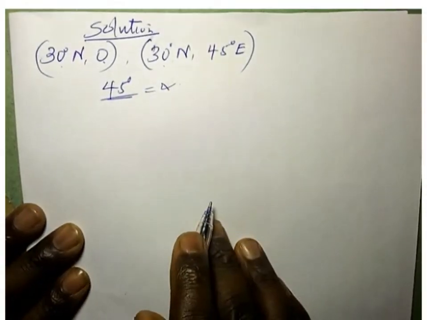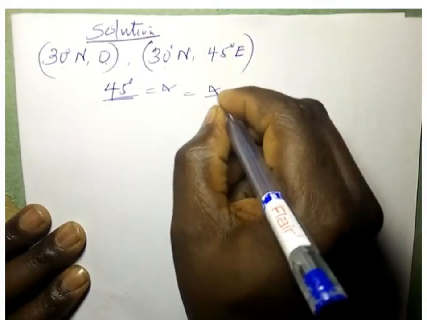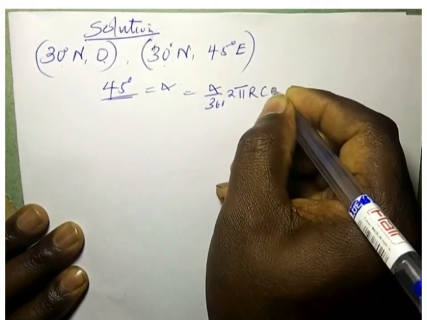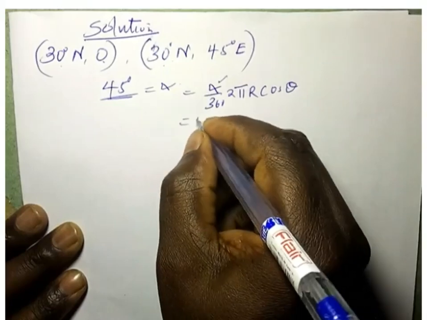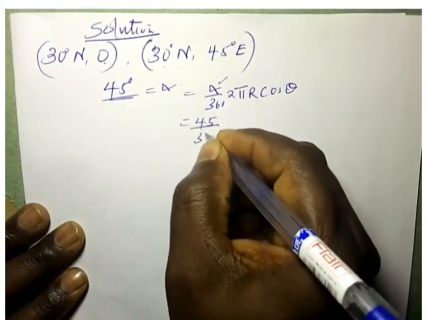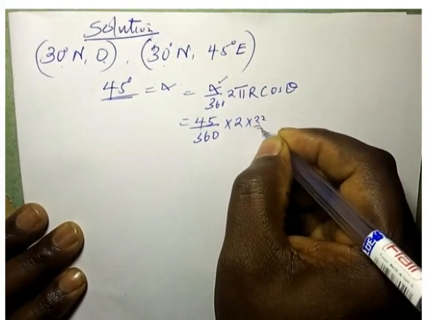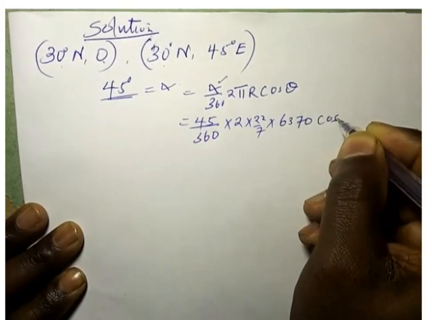How do we get the distance in kilometers along a small circle? We know the formula, it is alpha over 360 times 2 pi r cos theta. Our alpha is the angle difference, so we have 45 over 360 times 2 times 22 over 7 times 6370 cos latitude.